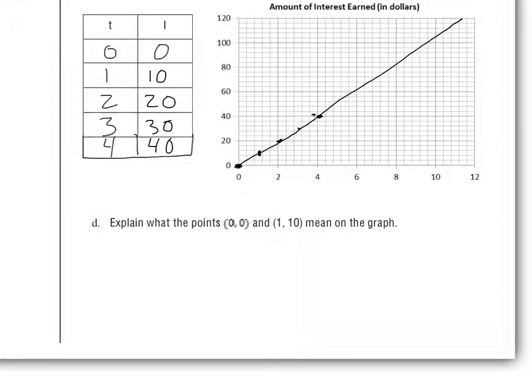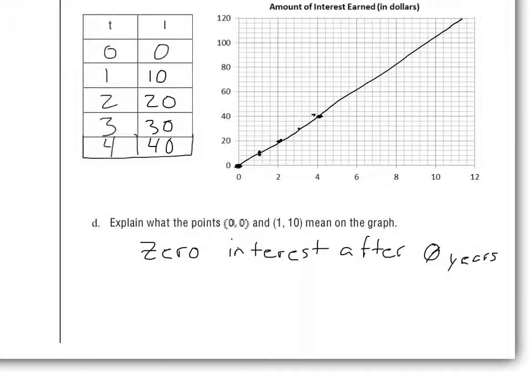Explain what the points 0, 0 mean and the points 1, 10. So think through that. What does it mean? At 0 t, I is 0. Well, that means 0 interest after 0 years. And this one's a particularly important point because this is our constant of proportionality.